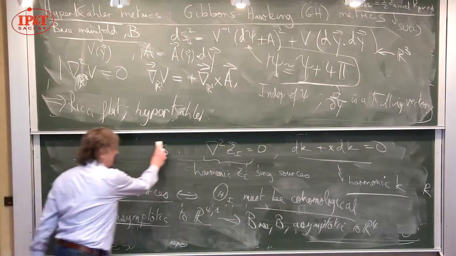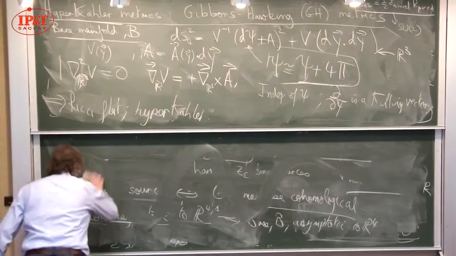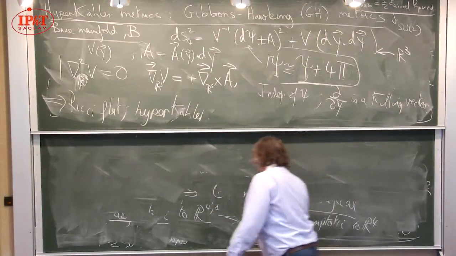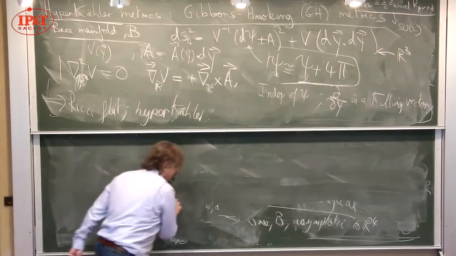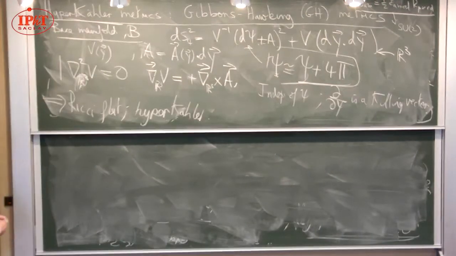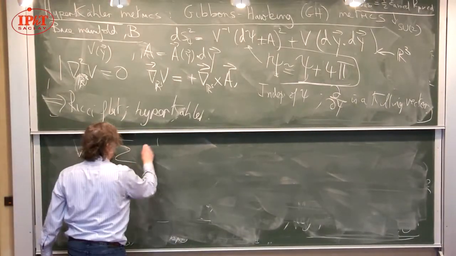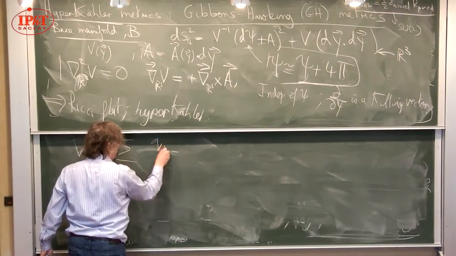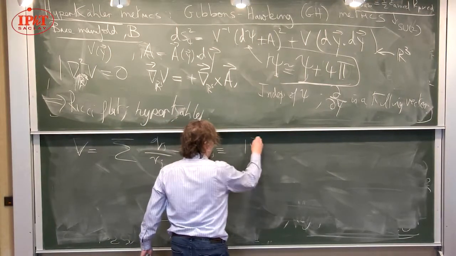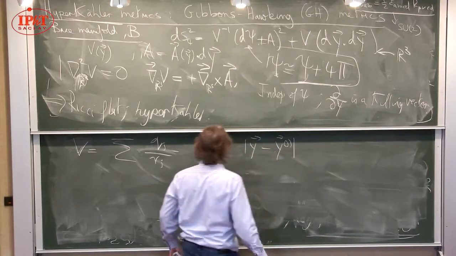Right, so let me talk about my choices here. Ten minutes, okay. We do the stupidest, most obvious thing that you can do. As I say, it really is unbelievably simple, like the harmonic oscillator. So we've got to solve this equation. We take V equal to the sum of point charges with some charges q_j over r_j, where r_j is defined to be the magnitude of y minus y_j.